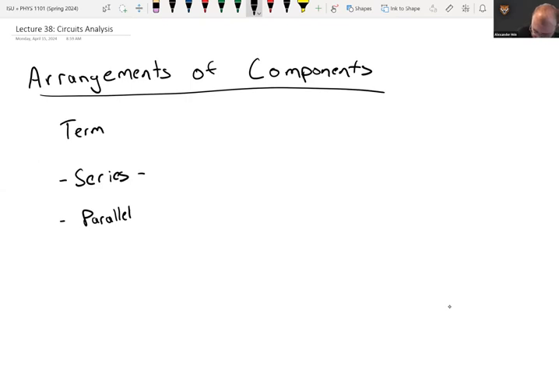Terminal. Now, what I mean by a terminal is either an input or output of a circuit component. And the way you can think about that is that current will flow into the input and it will flow out of the output.